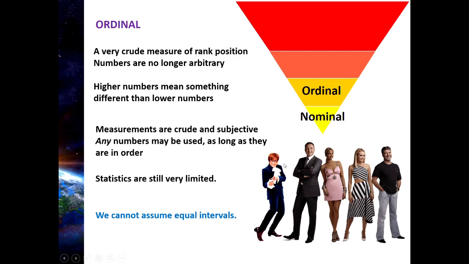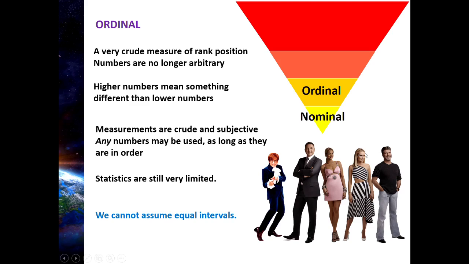In other words, if we put Austin as 1 and let's put her as 2, the difference between Austin and this woman may not be the same between this woman and the person next to her, next in line, Simon. So maybe the difference between these two is smaller than the difference between her and Austin. Similarly, the next two, right? These two would be compared. I think, if I've got that order right. But anyways, the difference between this person and this person may not be the same as between these two.